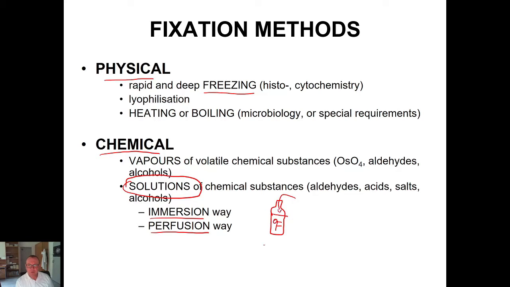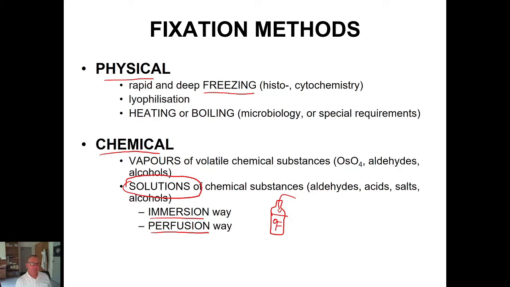The piece of tissue is floating in the bottle, and the fixative penetrates into it from the surface to the center, and its penetration depends on the penetration velocity. That's why it's very important to know it.